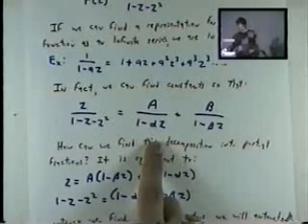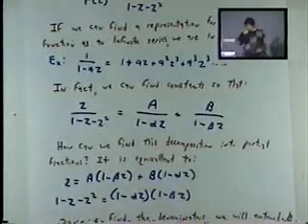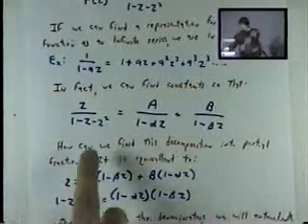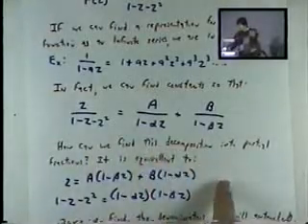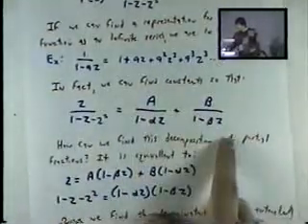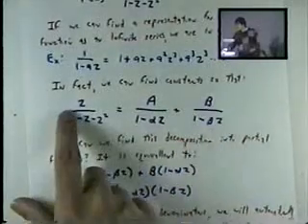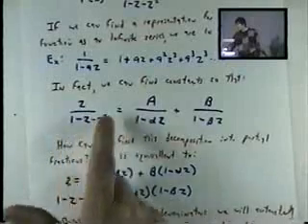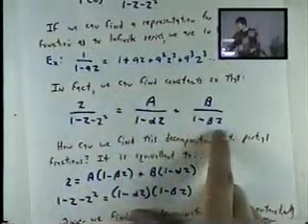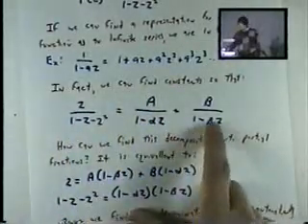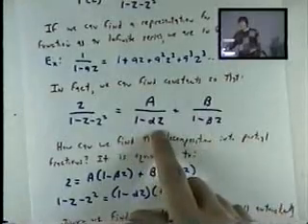Why? Well, first of all, what does this mean? If we add these two fractions together, this thing is going to be equal to a times 1 minus beta z plus b times 1 minus alpha z.